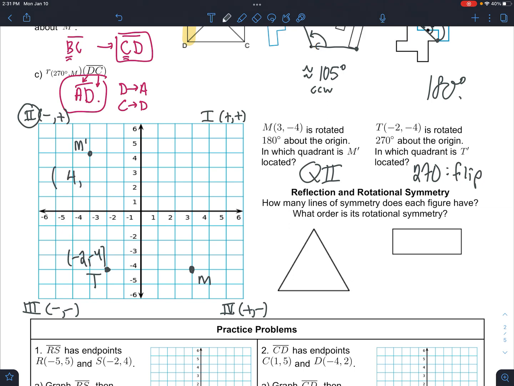So what I'm going to do is just write 4 and 2. And I'm in the second quadrant, so it should be minus plus. So that is the location of T prime, which is right here. So this is in quadrant 2 as well.